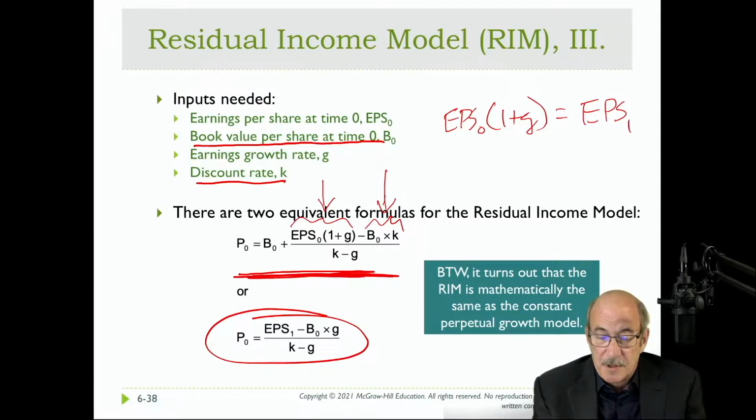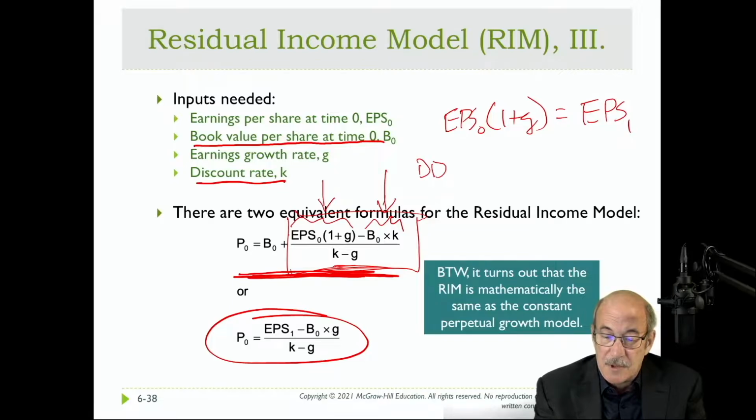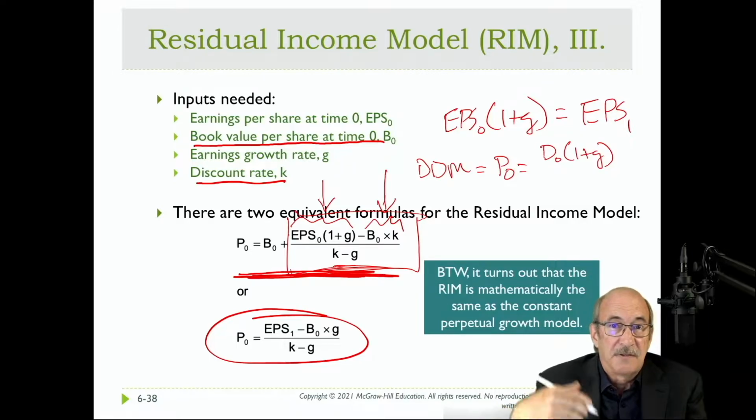Let me also notice how this fraction right here, if you'll remember the DDM, the dividend discount model, the constant perpetual growth version of the dividend discount model, said that price was equal to the dividend that just was paid times 1 plus the growth rate, which will equate to the dividend that's next in line to be paid.